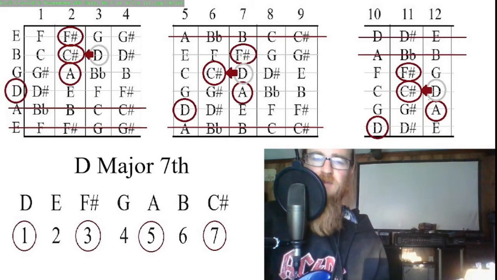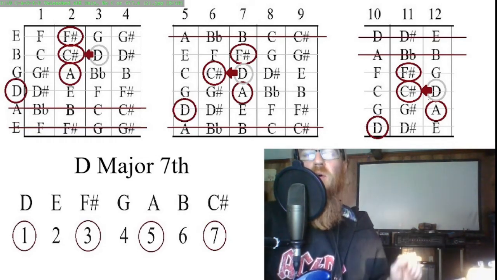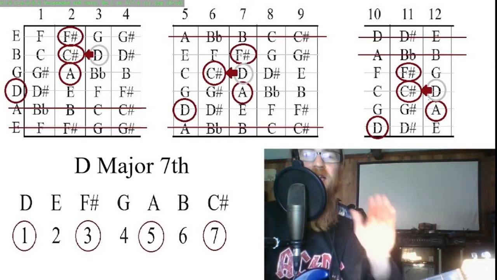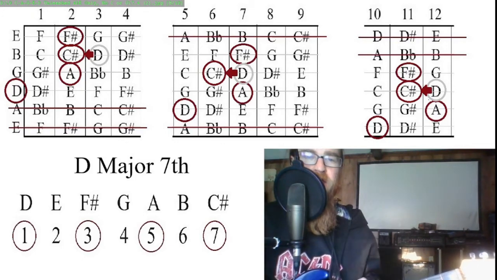In this case, it's obviously D, but we don't need to play D twice if we don't have to. We need a 7th interval. So we're going to take that second D and turn it into the 7th interval, C sharp.